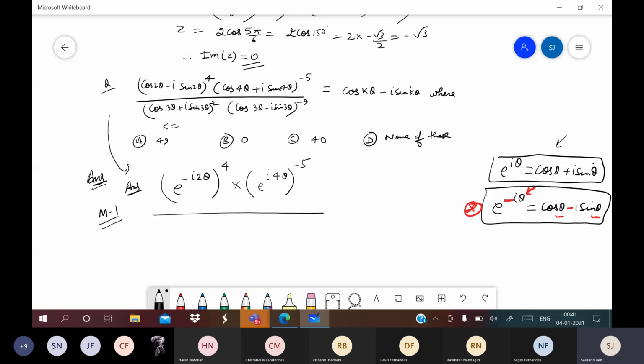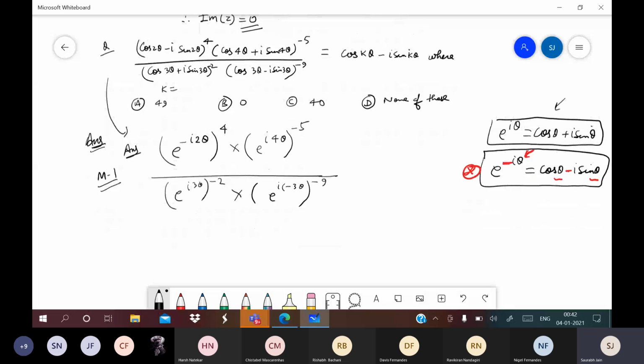In the denominator, cos 3 theta plus iota sine 3 theta is there, so I can write e to the power iota 3 theta, and power is minus 2. Then finally, the last term is e to the power iota minus 3 theta, because minus is there in between, and power is minus 9.